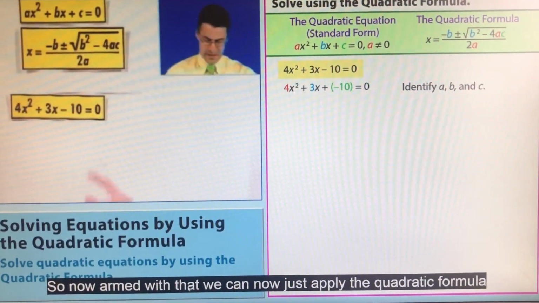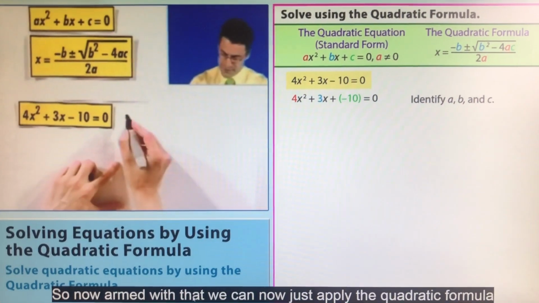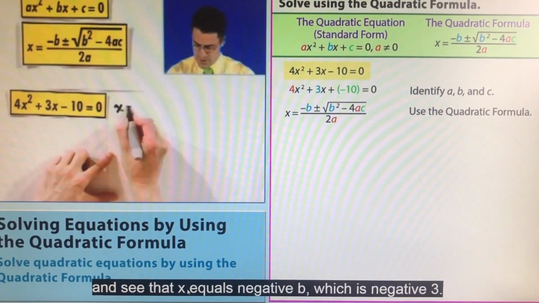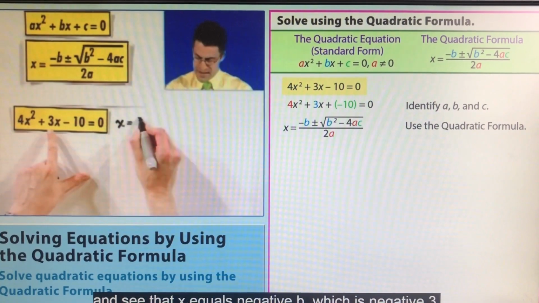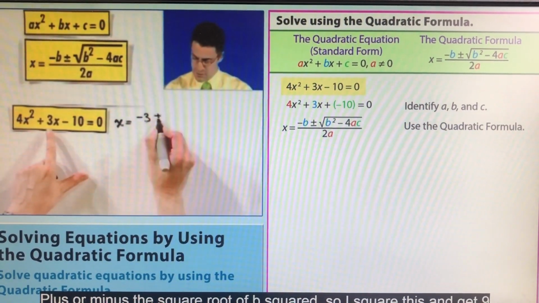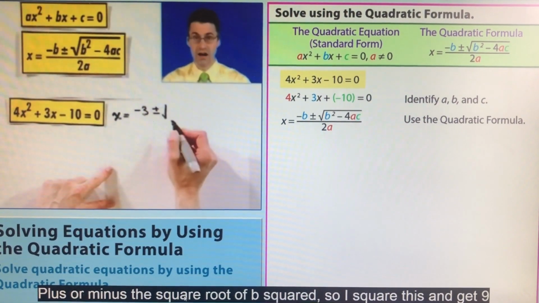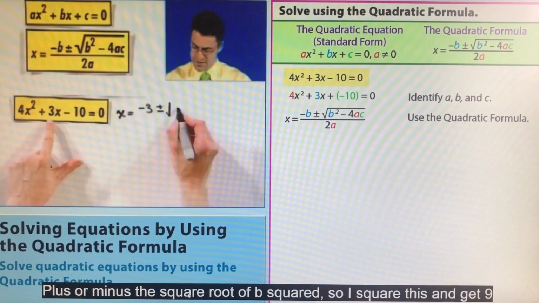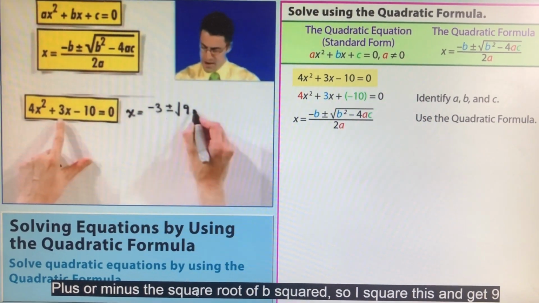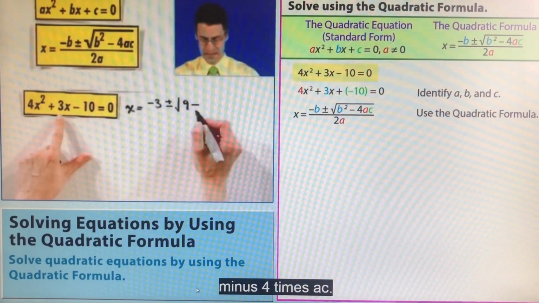So now, armed with that, we can now just apply the quadratic formula and see that x equals -b, which is -3, plus or minus the square root of b squared, so I square this and get 9, minus 4 times ac.